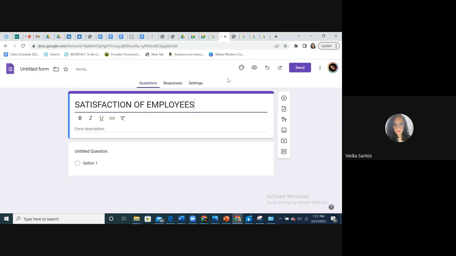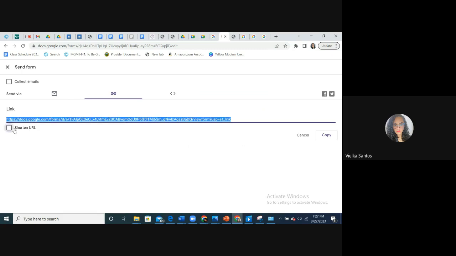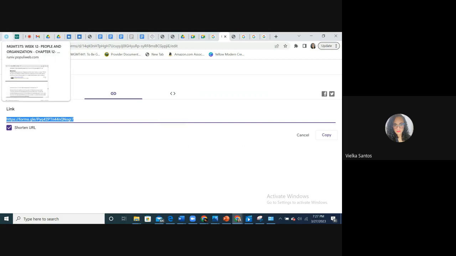You create your link here, when you click on send, and here in this part you have a link, shorten URL, and you can submit a form to your employees to detect if they are satisfied or not with your organization.